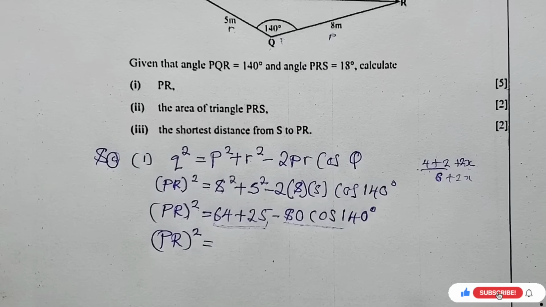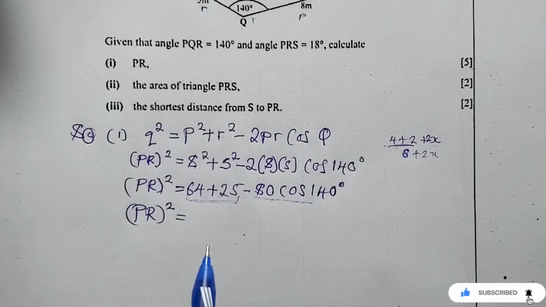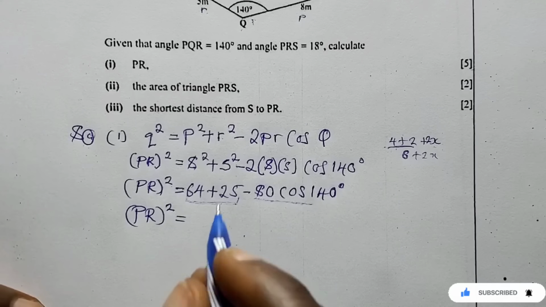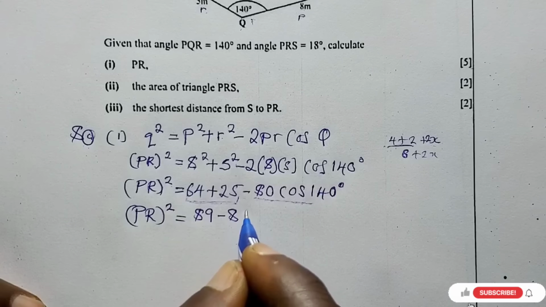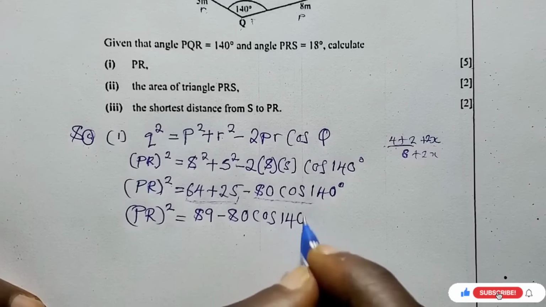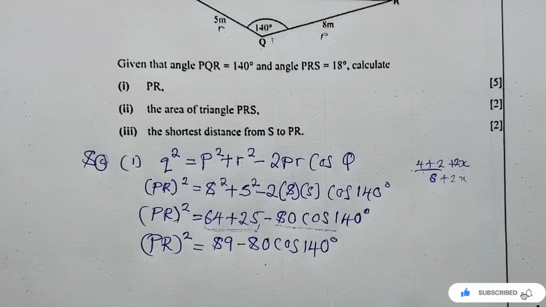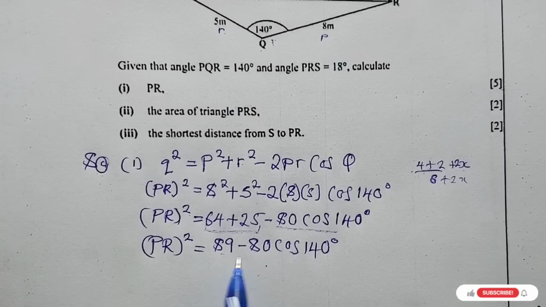We proceed. You add 64 plus 25, and you're going to have 89 minus 80 cos 140 degrees. When you reach this stage, my good friends, you just need to punch everything into your calculator.